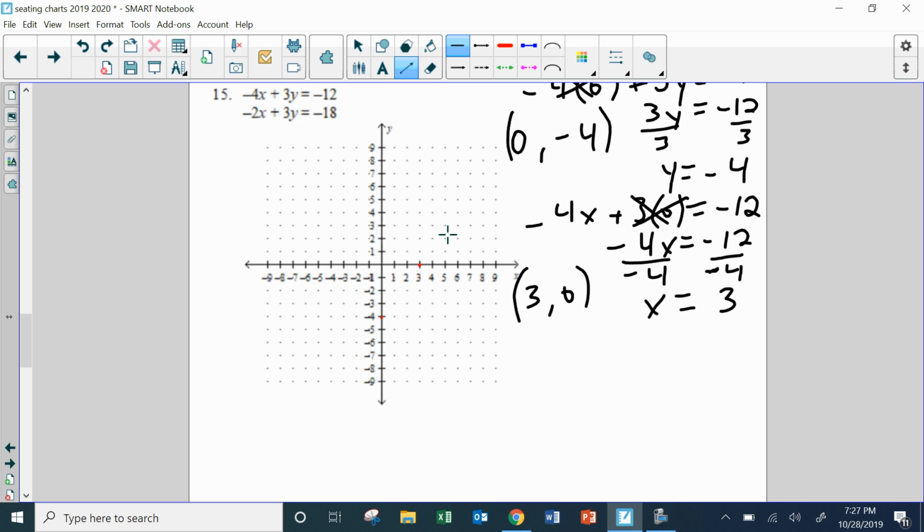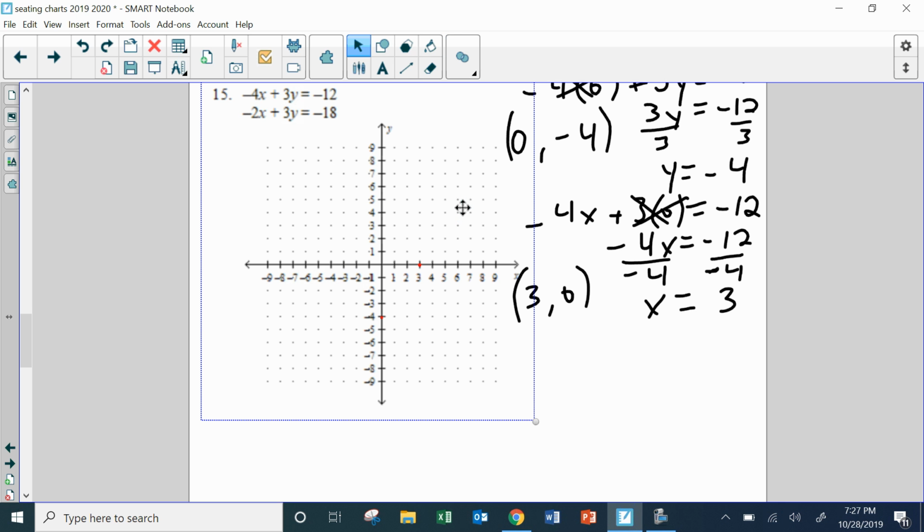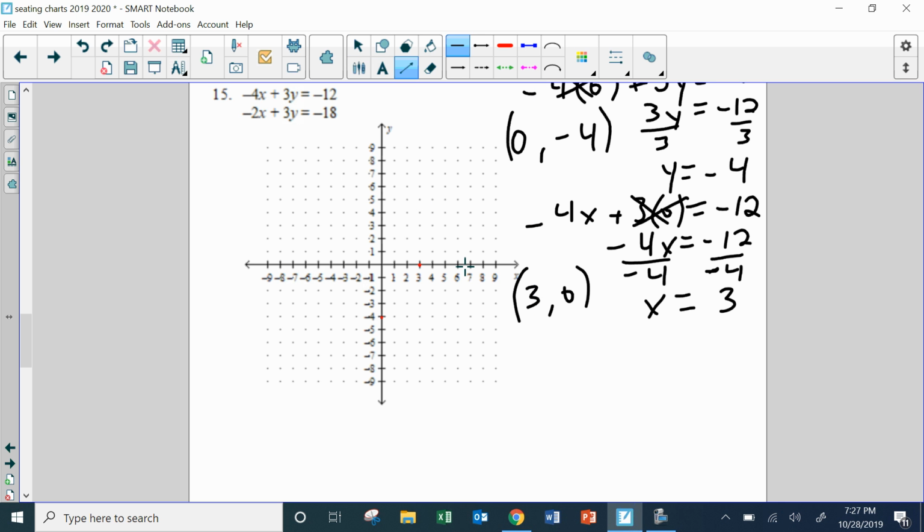It would go here. Oh, move. Shoot. Stop. There we go.